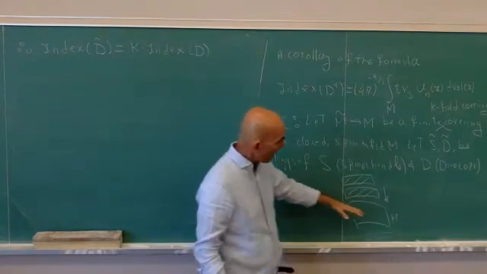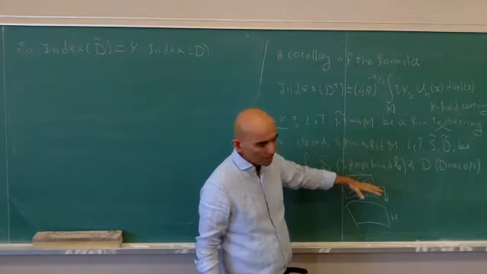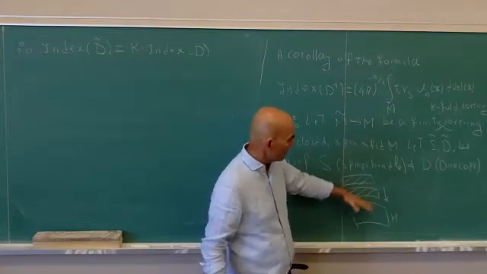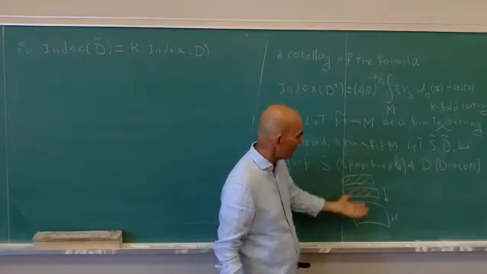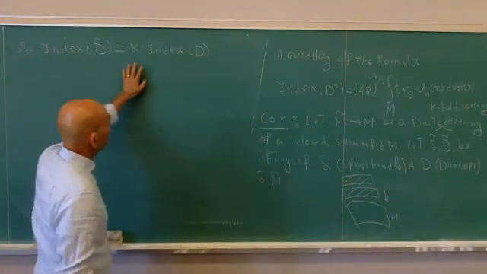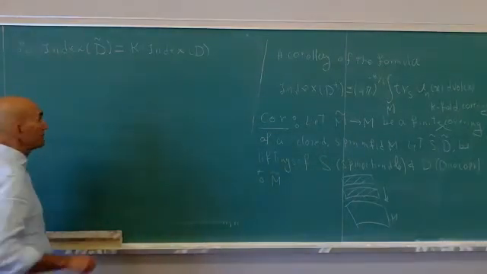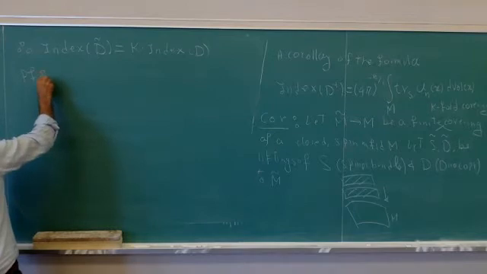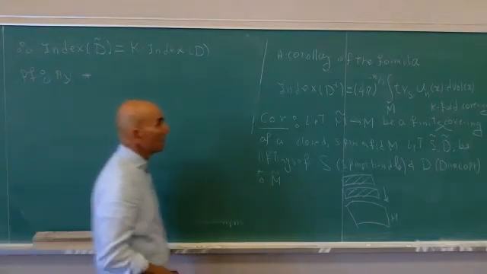If you cover your manifold k times, it's like k copies of the manifold. It is a non-trivial bundle over M, but nevertheless the index is still k times the index. The proof of this is not difficult now using the star formula.